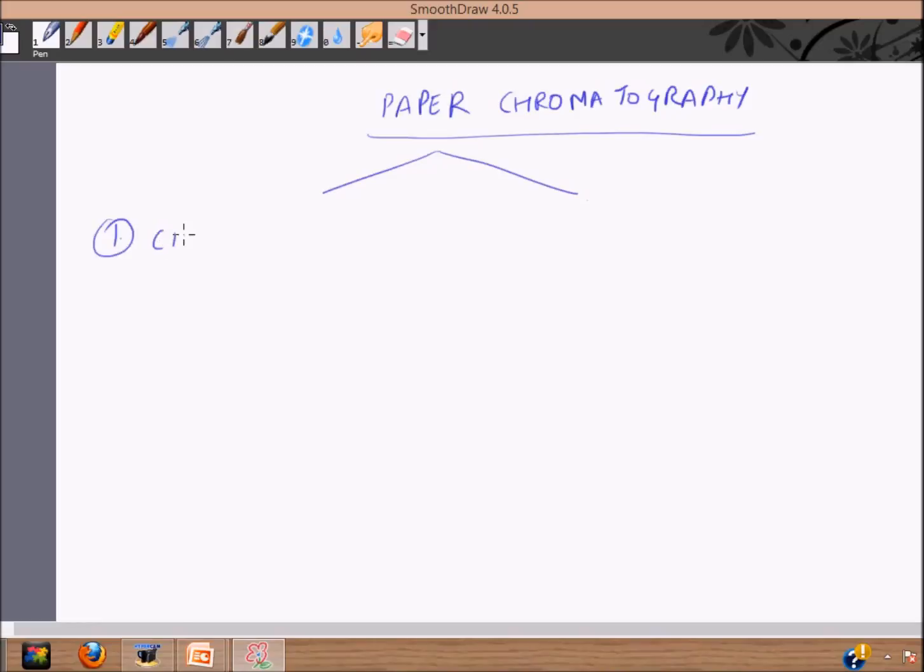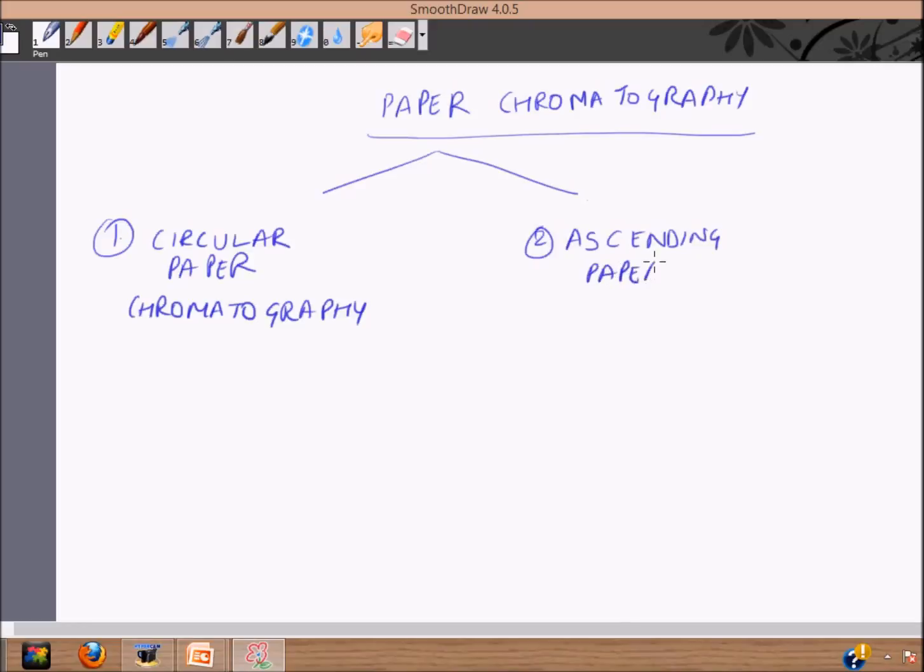First is circular paper chromatography, and second is ascending paper chromatography.